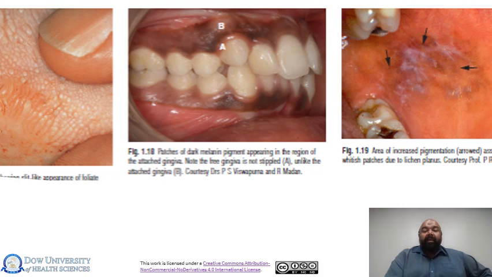And on the extreme right, there is increased pigmentation and a striae-like appearance, which is seen in lichen planus. Lichen planus is a condition that affects the mucous membrane, and it has alternating white patches followed by unkeratinized ulcerated areas as well.